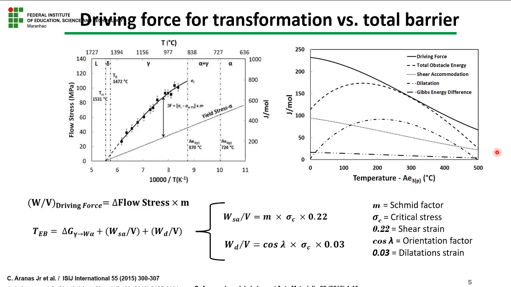It's another barrier. When we add all those three barriers, we have the total barrier that avoids this kind of transformation. So to be transformed, we need more energy: the driving force must overcome the total barrier.